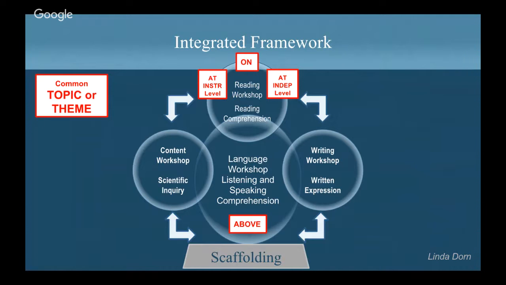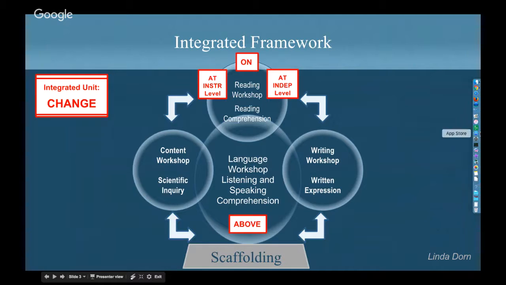So if we take this into the real world, we know that it starts with some kind of common topic or common theme. So let's think of a common topic of change. If I were thinking about where to begin with this integrated topic of change, it would be in the language workshop, where I would probably be getting a narrative piece that is a couple levels higher than the grade level, where I would be reading about how a character changes over the course of the story.